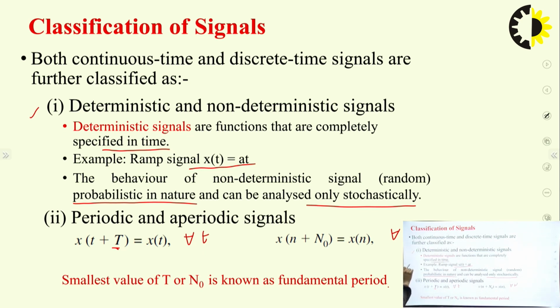If it does not follow these conditions, the signal is aperiodic. The smallest value of this period T or N0 is known as the fundamental period.